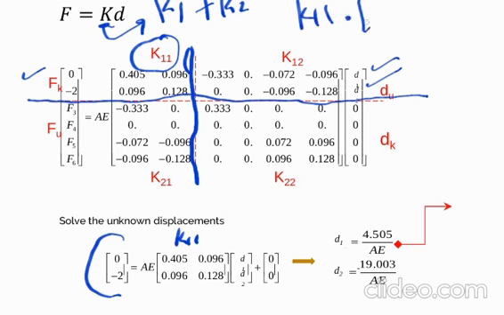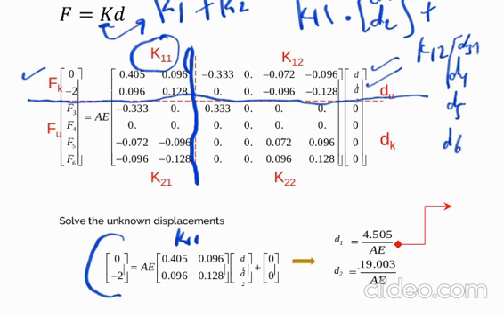times D1 and D2, and plus the K12 times D3, D4, D5 and D6.